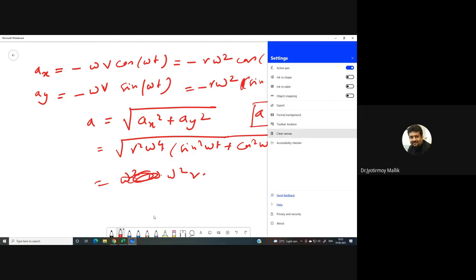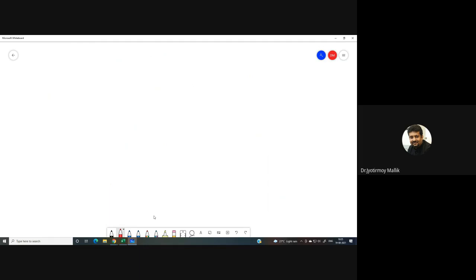Now, we have talked about centripetal acceleration. Similarly, we know about centrifugal acceleration. So centrifugal acceleration is oppositely directed from centripetal acceleration.